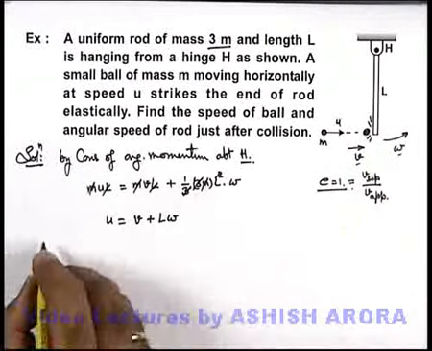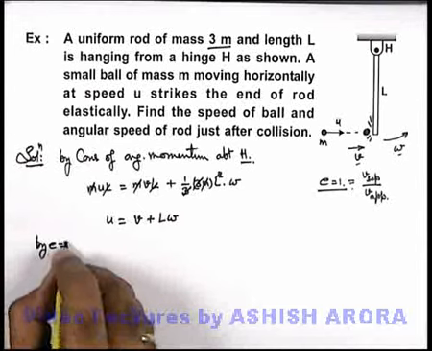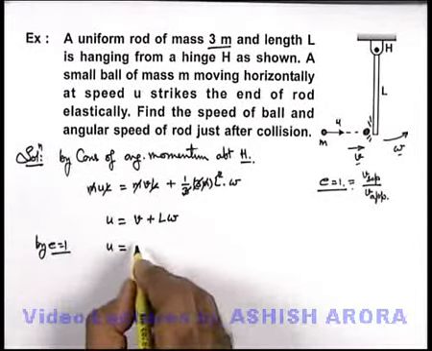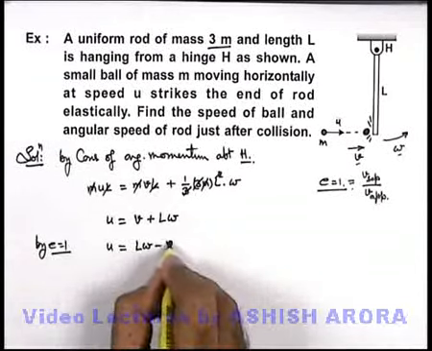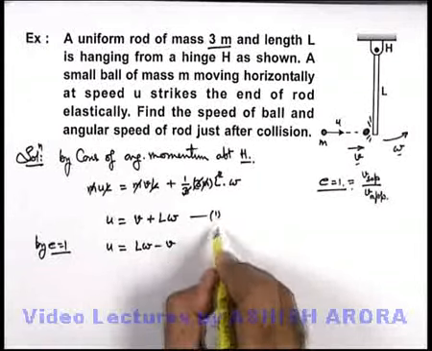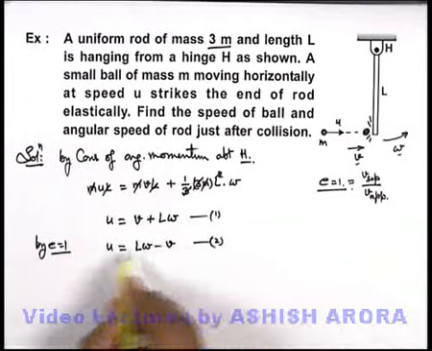So with e equal to 1, the approach speed is u and the separation speed is L omega minus v. From equations 1 and 2 we can easily solve and get the values of v and omega.